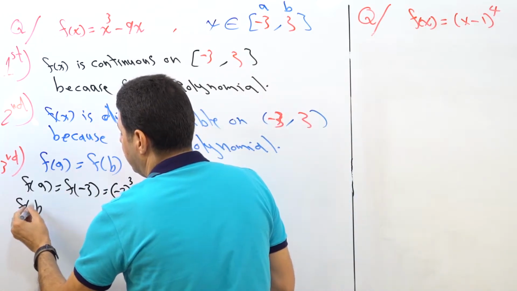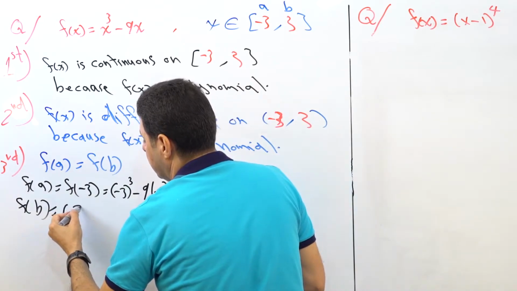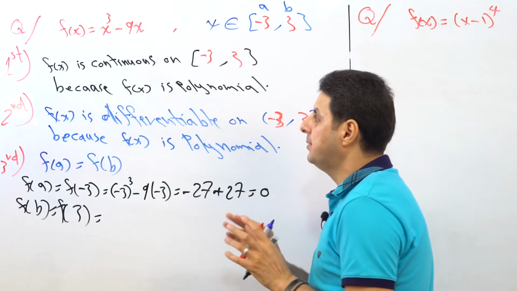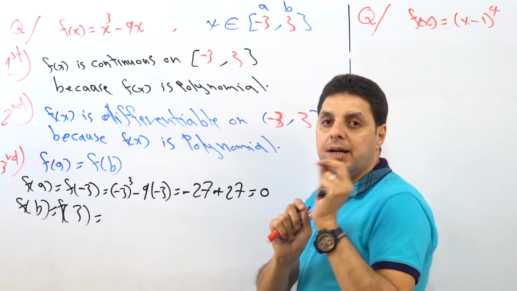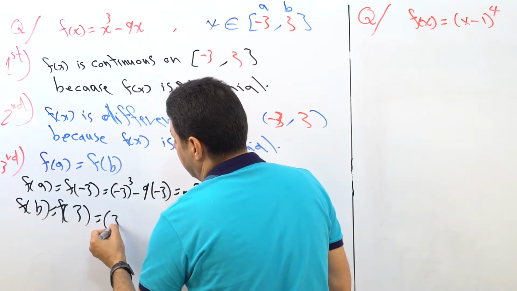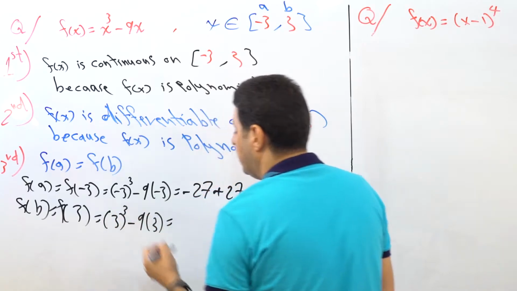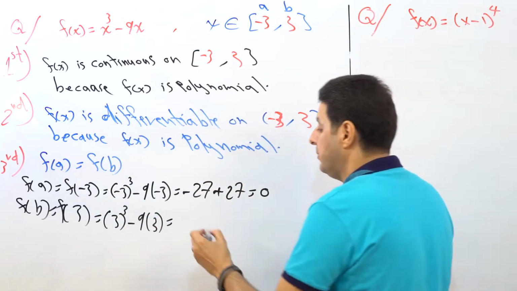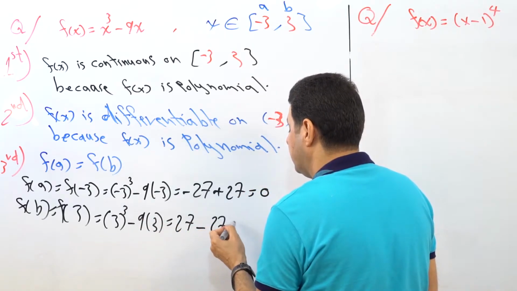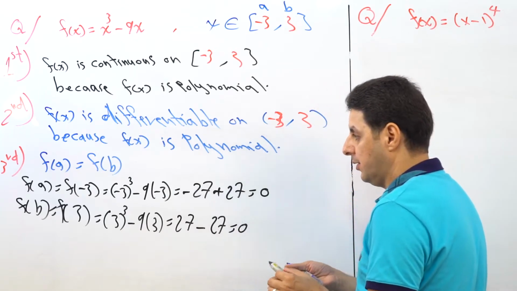Then f of B, it is 3. Also substituting any x by the number 3. نعوض بدل كل x بالرقم 3. 3 cubic minus 9 times 3: 3 cubic is 27, minus 9 times 3 is 27. 27 minus 27 equal 0.